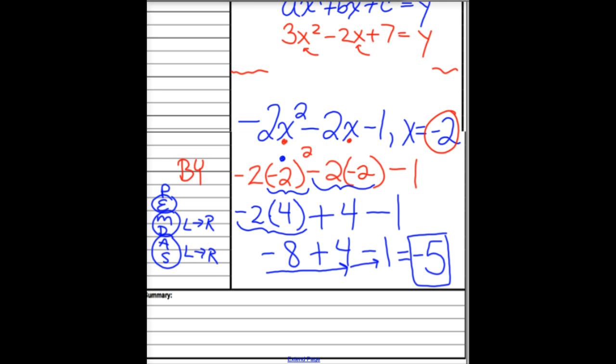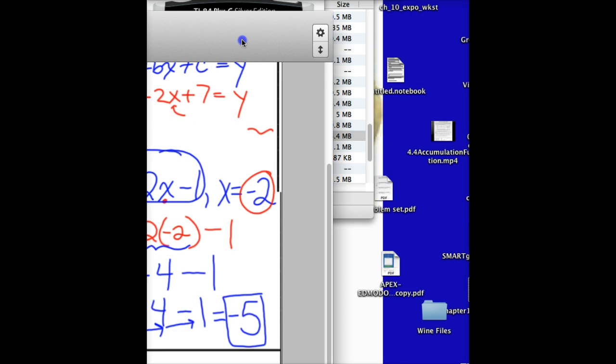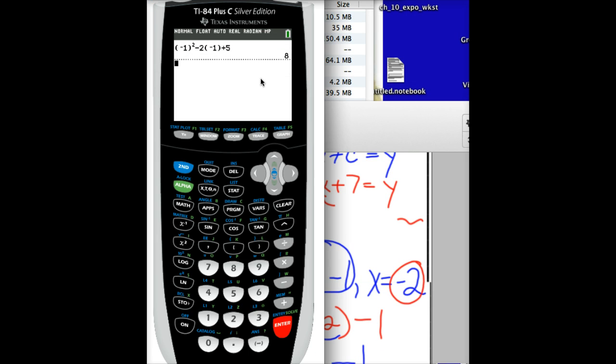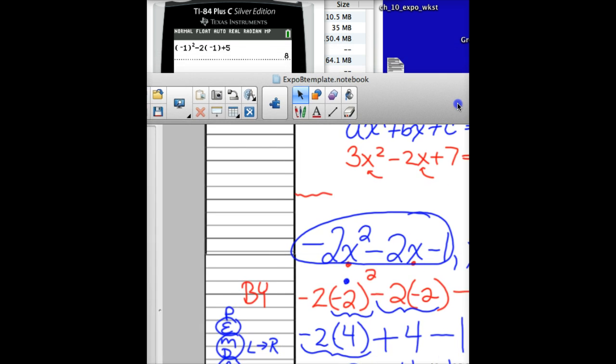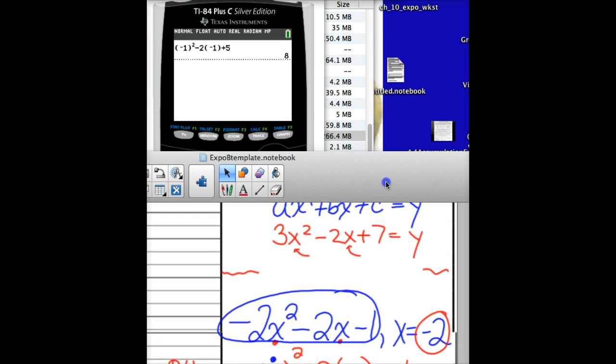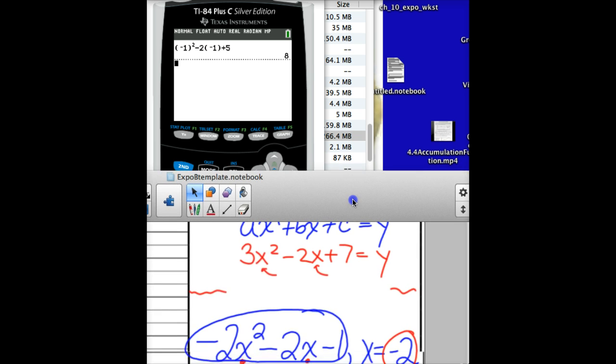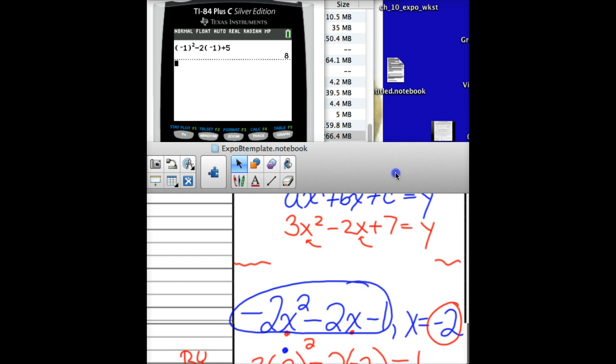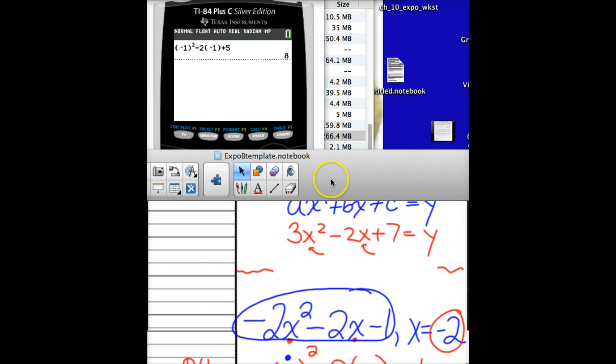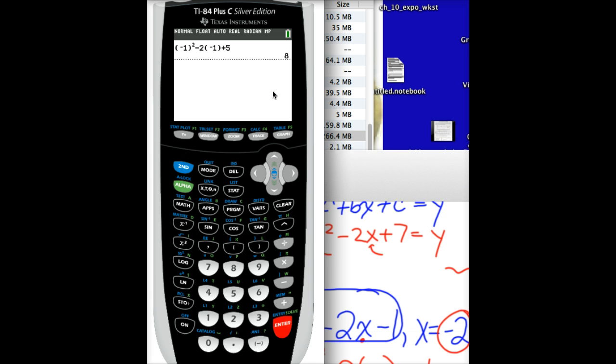Now I want you to go back to the calculator and let's do this exact same one in full on the calculator. So I'm going to go back to my calculator screen so you can see it here. And we're going to do that same one. I'm going to put it down here, negative 2x squared minus 2x minus 1 when x is a negative 2. So let's go enter it. Again, you can clear off the one above it or just leave it there if you would like.